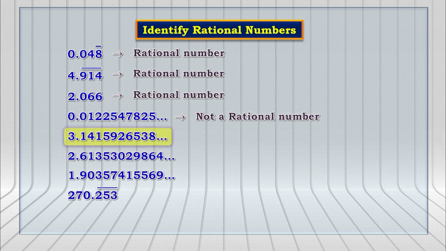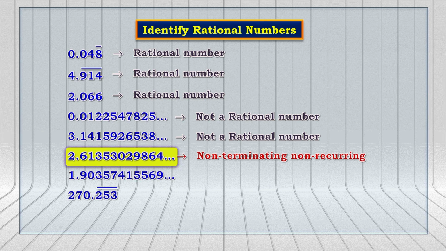Now 3.14592653 dot dot dot. Here also we can see that it is non-terminating and non-recurring. So this is also not a rational number. 2.613530298864 dot dot dot. This is also non-terminating and non-recurring. So it is also not a rational number.